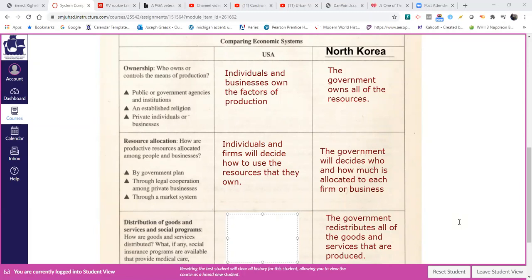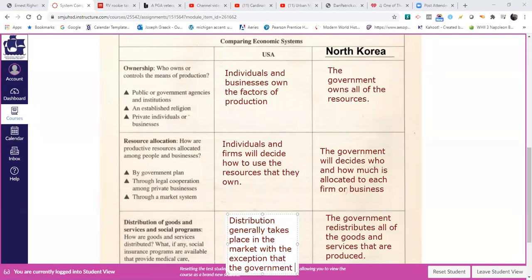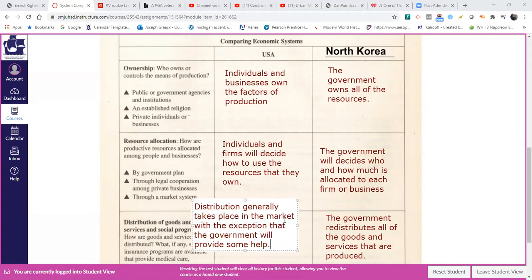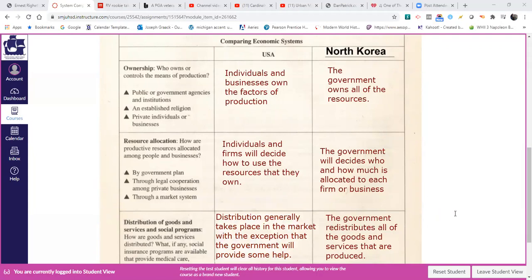So the distribution generally takes place in the market, with the exception, right, in this country, that the government will sometimes provide some help. So food stamps, unemployment insurance, the pandemic stimulus check that we saw take place earlier, those would be exceptions to that.